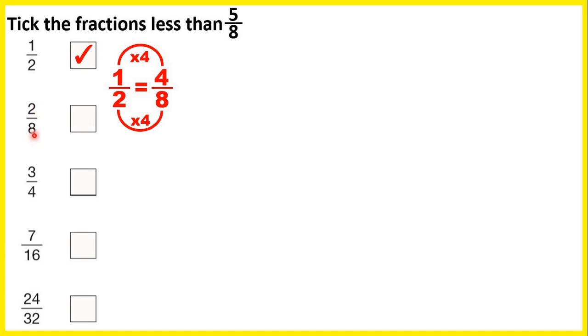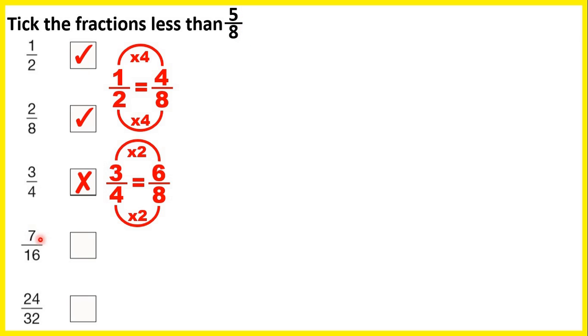Now we have 2/8, so that will also be less than 5/8. And now 3/4, we can find an equivalent fraction with a denominator of 8, and we can see that that's the same as 6/8. But 6/8 is not less than 5/8, so 3/4 is not less than 5/8.